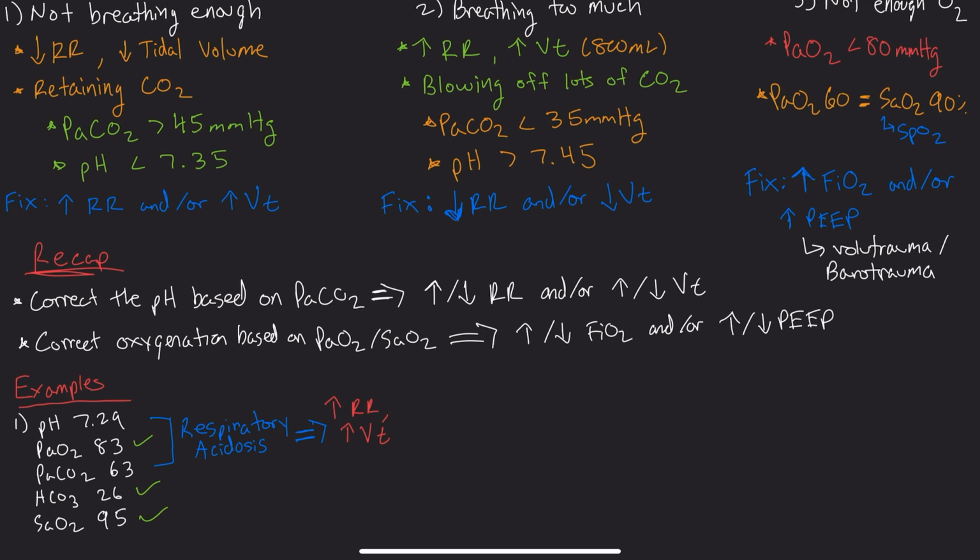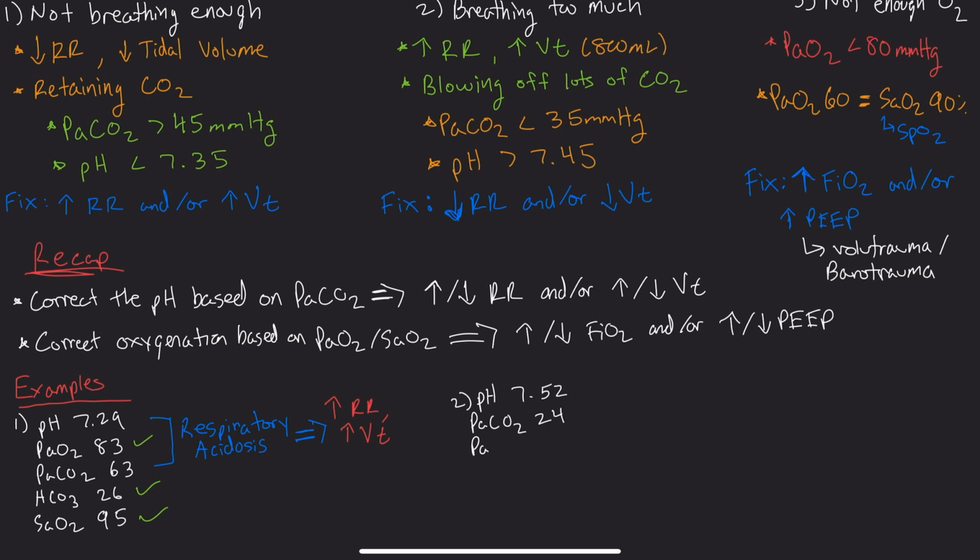Okay. Moving on to number 2 here. Let's say you have a pH that's elevated this time, 7.52. You have a PaCO2 of 24.